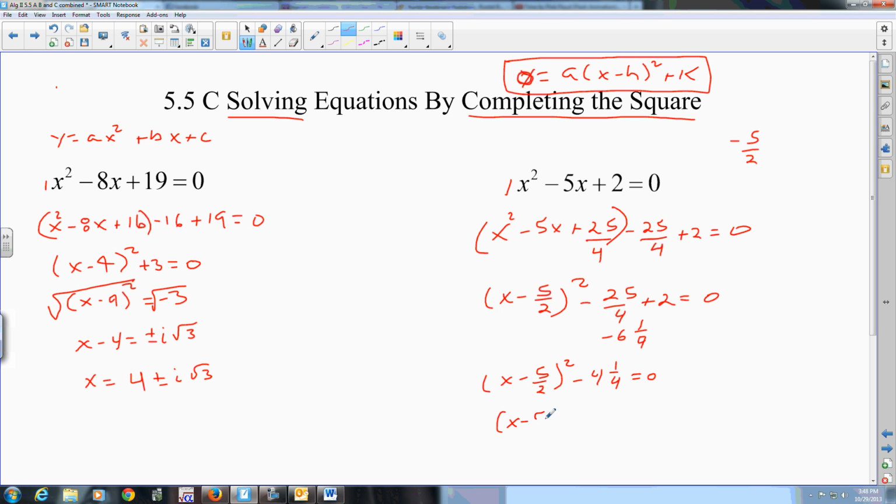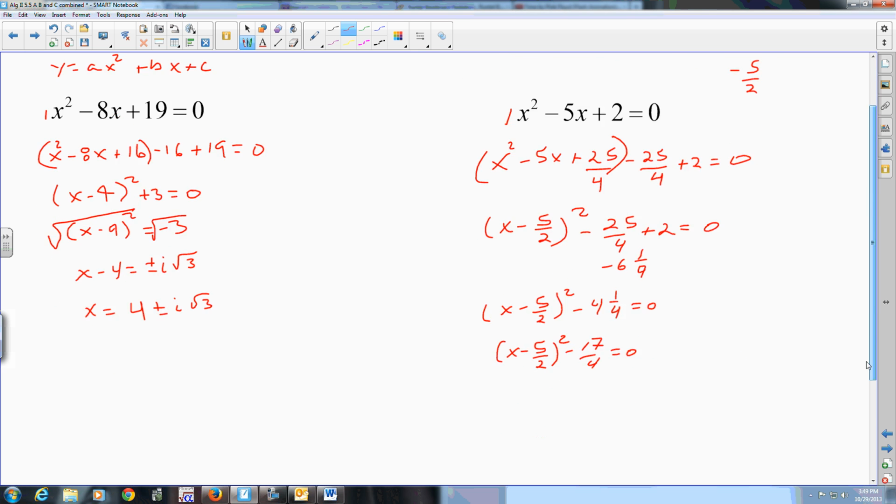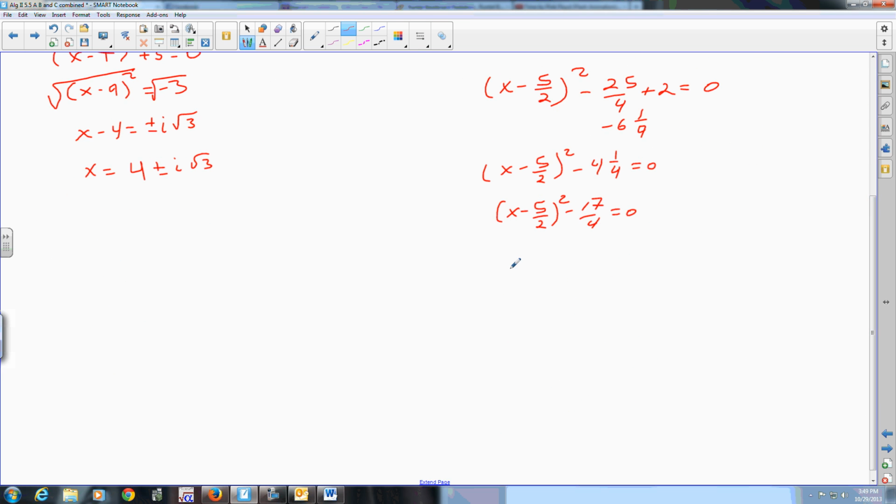So x minus 5 halves squared minus 17 fourths is equal to 0. Add the 17 fourths to the other side. So I have x minus 5 halves squared is equal to 17 fourths.